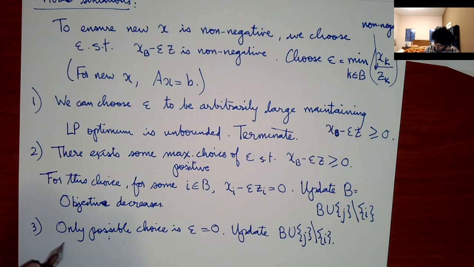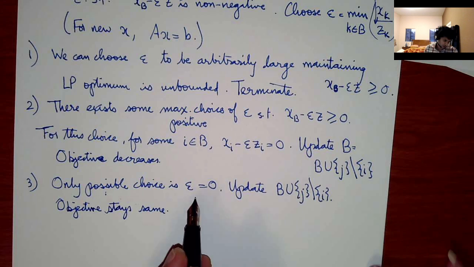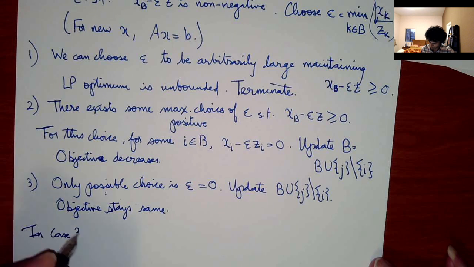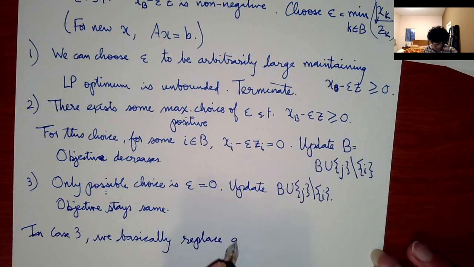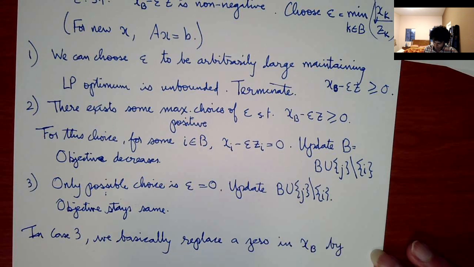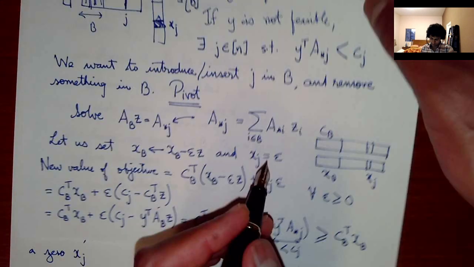But the objective stays the same. Now when this is 0, in case 3, we basically replace a 0 in xb by a 0 xj, because if the epsilon is 0, then this is 0.